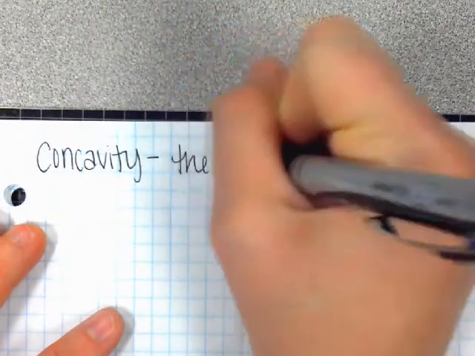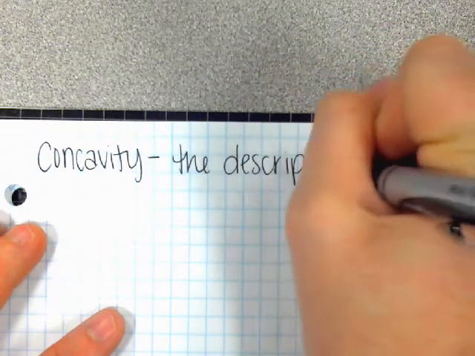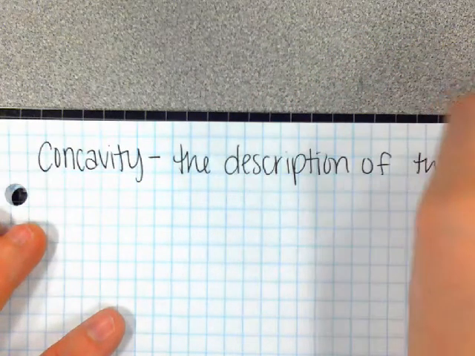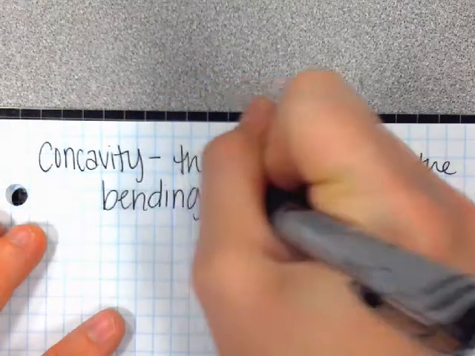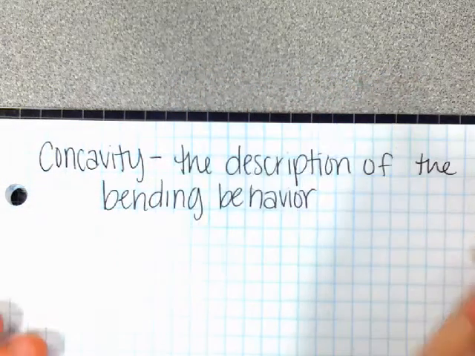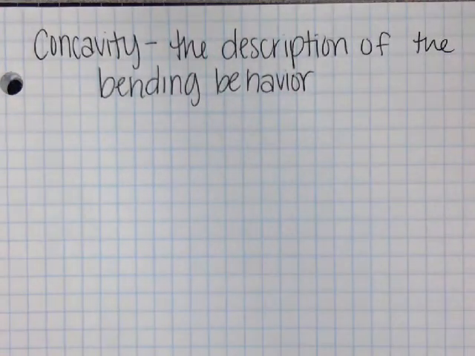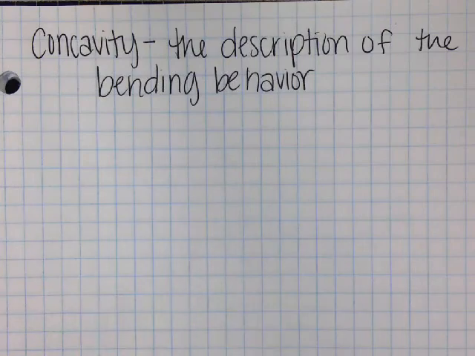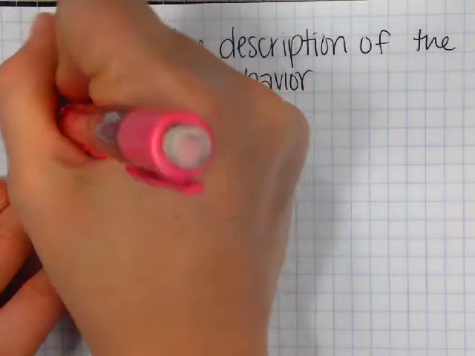Concavity is the description of the bending behavior. When we talk about concavity, that's talking about when something is concave up or down.